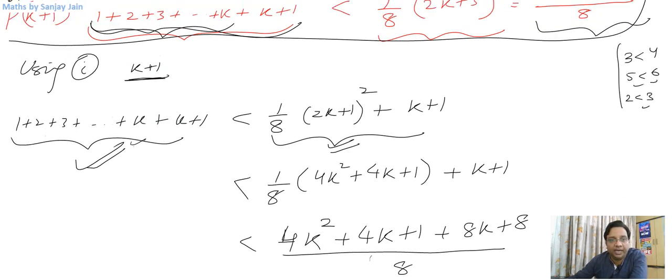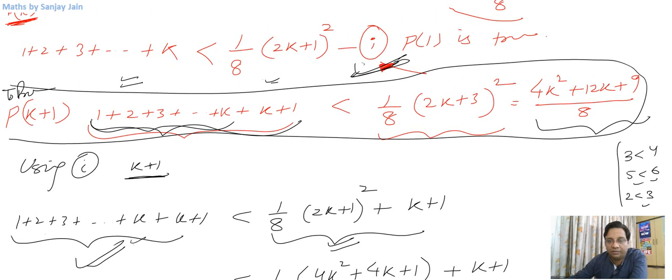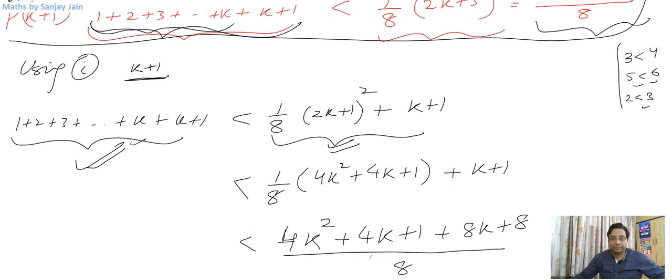So just by adding k plus 1 on both sides, I've got my required answer, right? So can I add k plus 1 on both sides? Yes, I can do that. I have used this inequality and I have added k plus 1 on both sides and I've got my answer. So this is what I wanted to do, right?